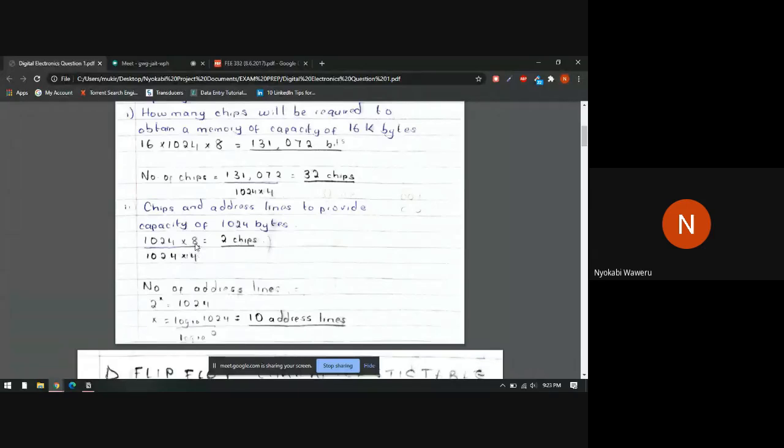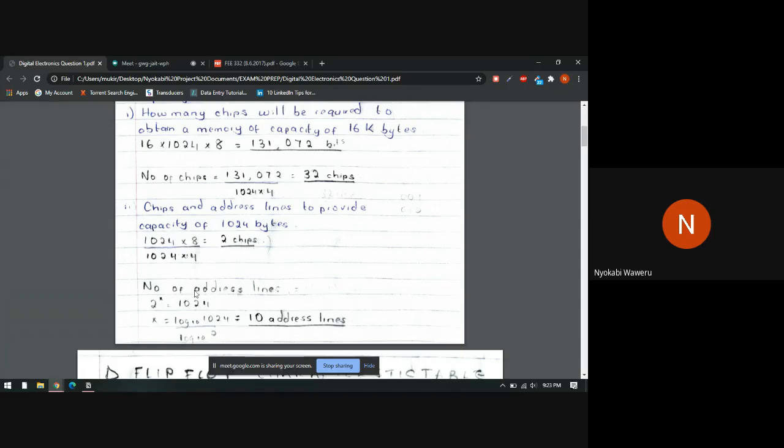In this case, we divided 1024 by 1024 times 4, because as we were doing this, we thought that this would just be equal to the total number of bits. But now that Sean has asked that question, we'll look into it. So if you do the math, we got 2 chips.